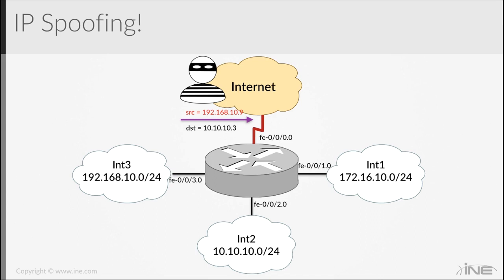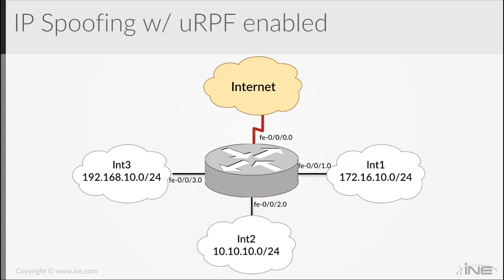In this case, .3 is the host. Now, notice that the packet is going to enter via interface FastEthernet 0/0/0.0, which is not associated to that private IP address. The source is spoofed, and without any particular check or restriction, it will reach its destination. We want to avoid this from happening.